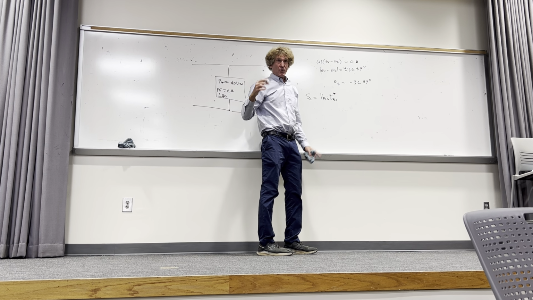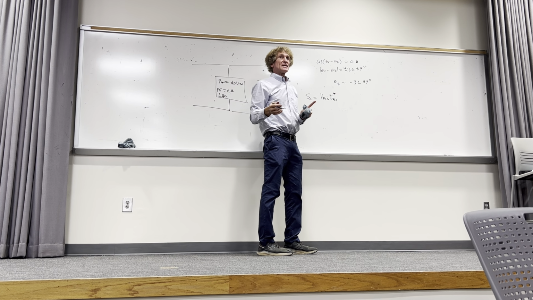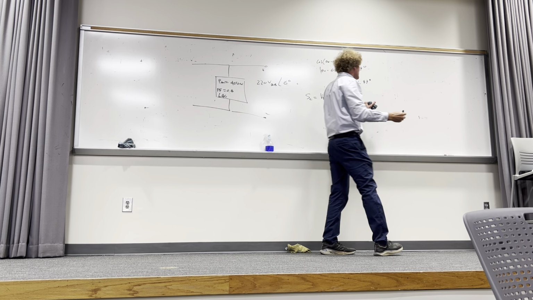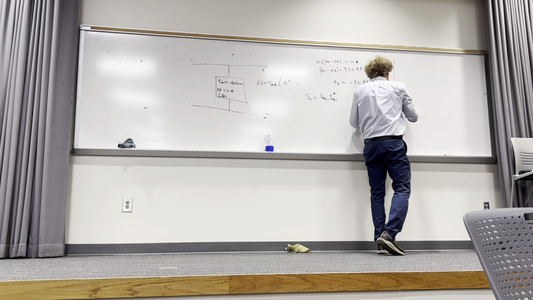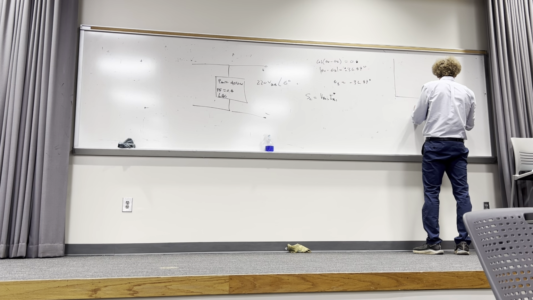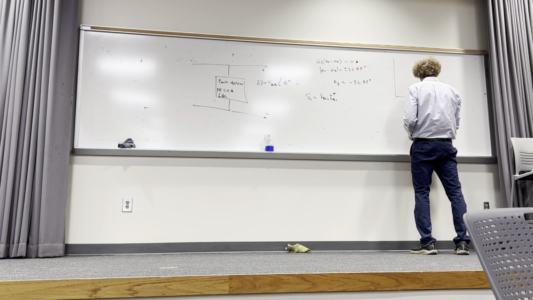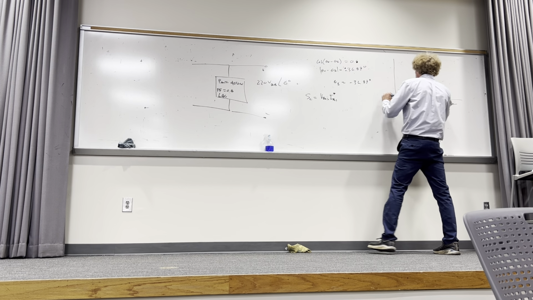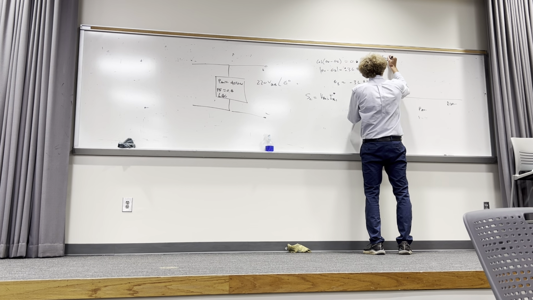I'm going to draw what's called a power triangle. Or really, it's the complex power plot, but they call it the power triangle. So over here, this is the real axis. And that means this is the average power. This is the imaginary axis, or the j-axis, and this is jQ.